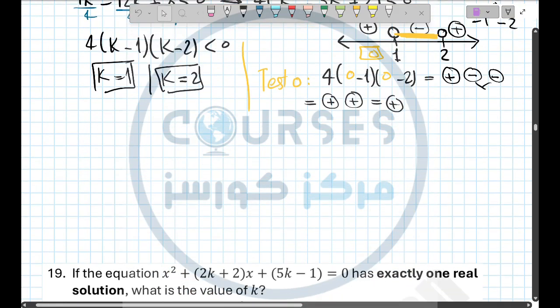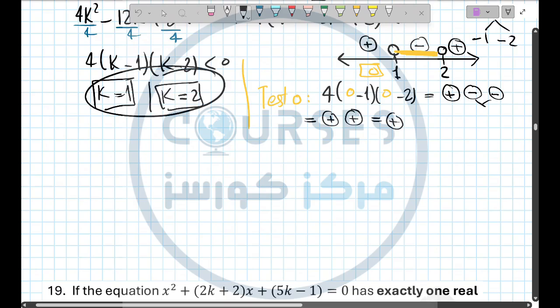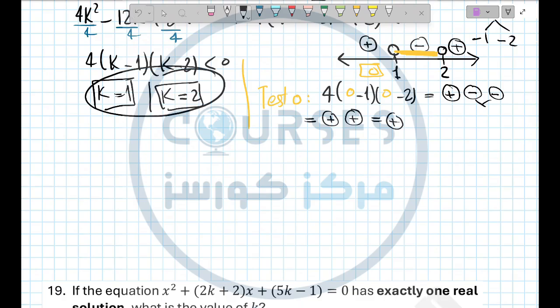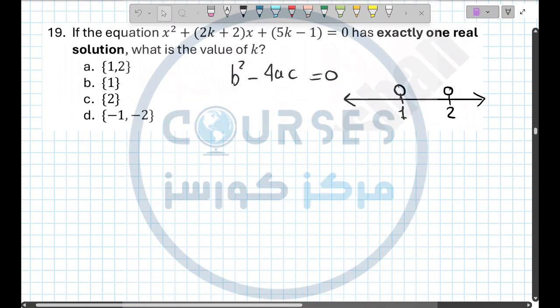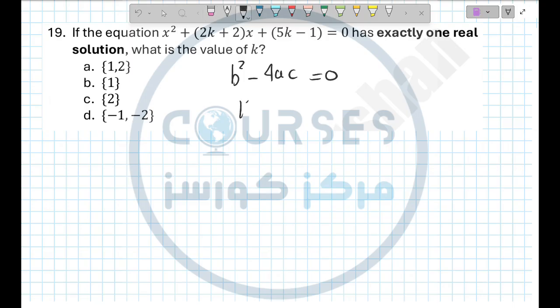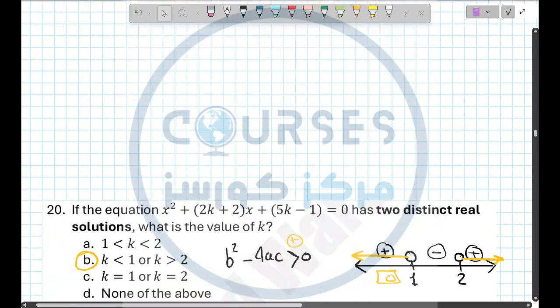We found them here. So the values of k would just be 1 and 2. So the answer is k equal 1 or k equal 2.